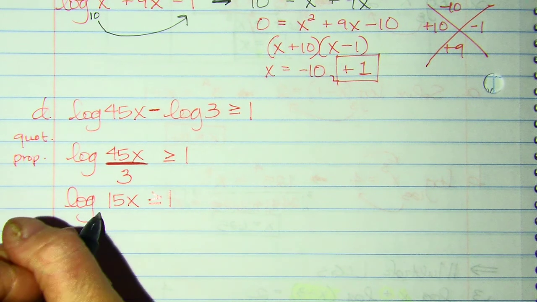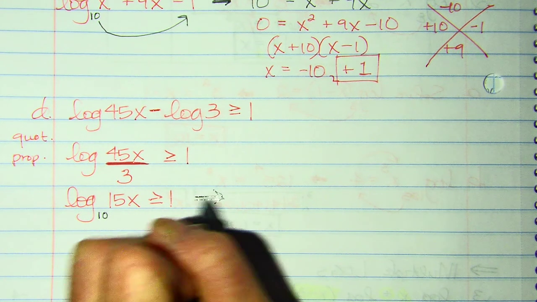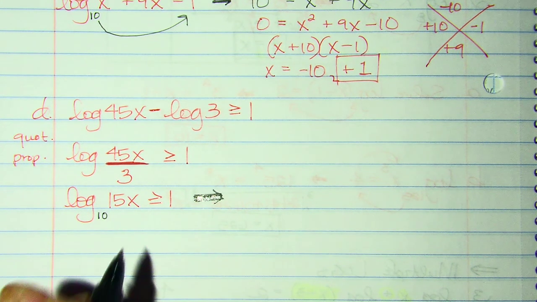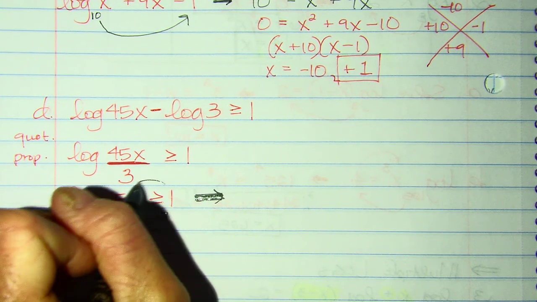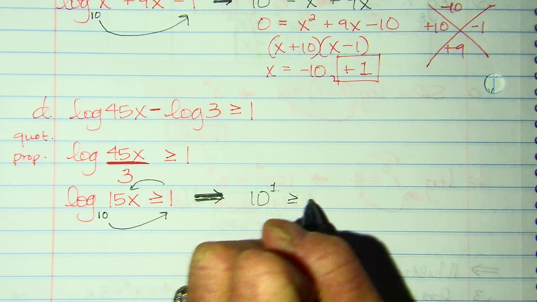And I'm going to fill in my invisible base. Now I don't have a log on both sides. I just have one log. So remember, we go base, exponent, answer. So 10 to the first is greater than or equal to 15x.